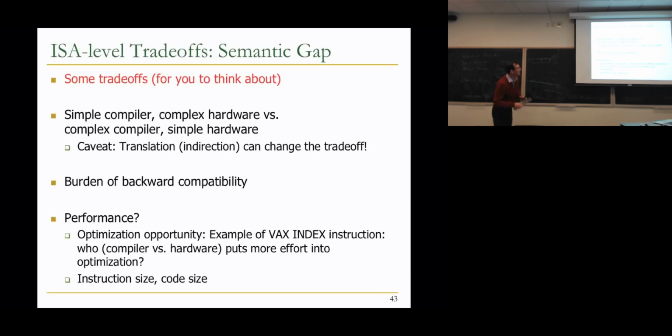But you can actually break this trade-off. Well, let me actually first cover this. I'll get back to this translation. You can actually change that trade-off. So, burden of backwards compatibility. If you have lots of complex instructions, you have to support them, right? As you add more instructions, you need to support more instructions.